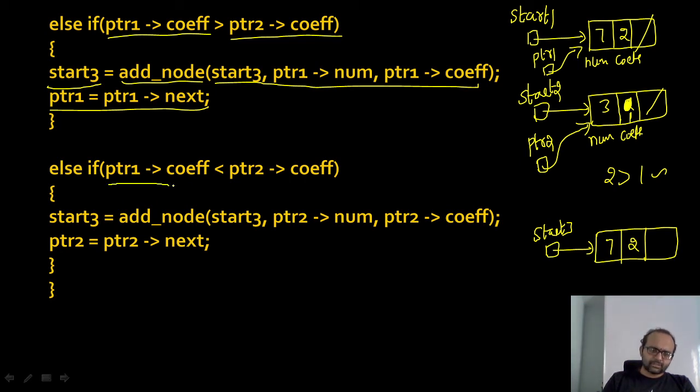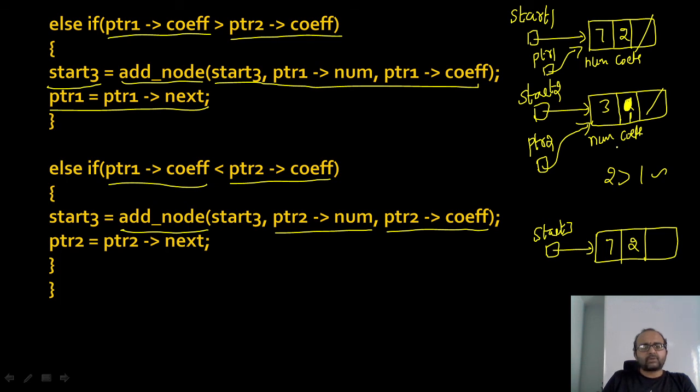Similarly, if the coefficient of the ptr1 pointed node is less than the ptr2 pointed coefficient, in that case you have to create a new node, but this time ptr2 should be placed first, because in this case we are considering ptr2, which is pointing to the coefficient that is larger.